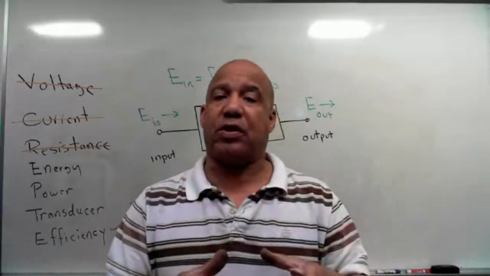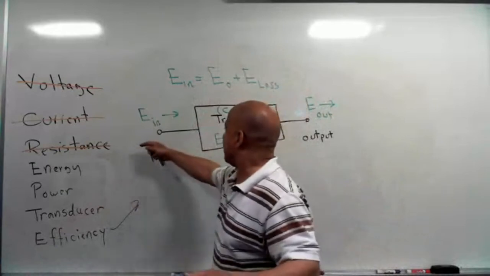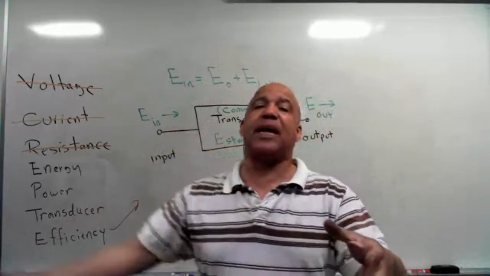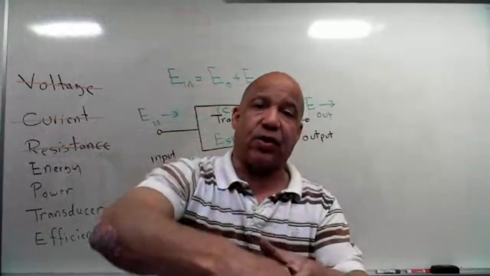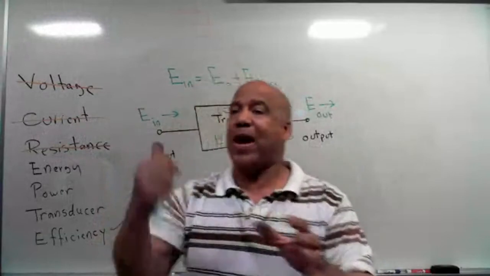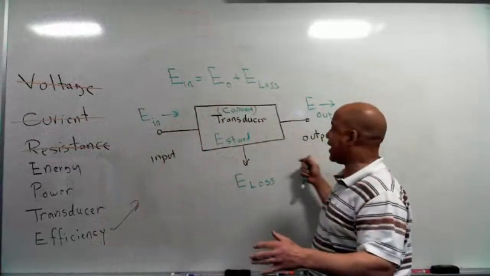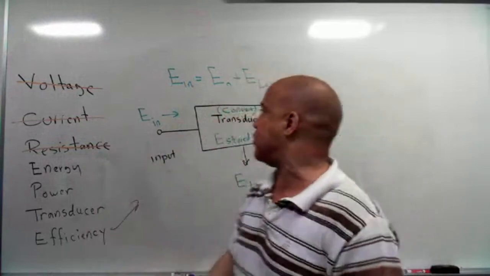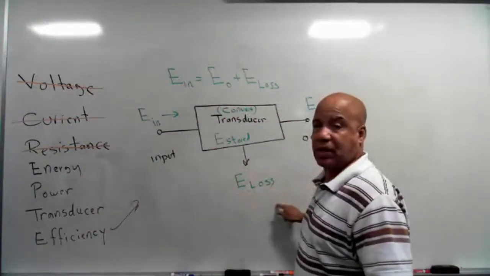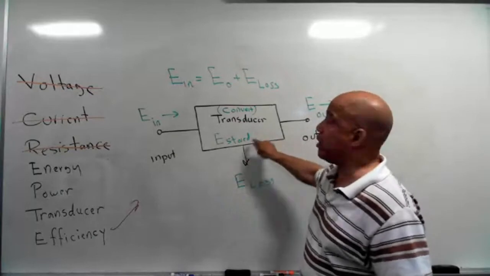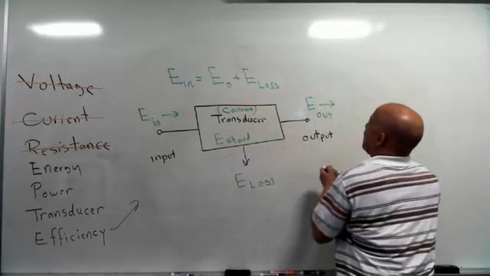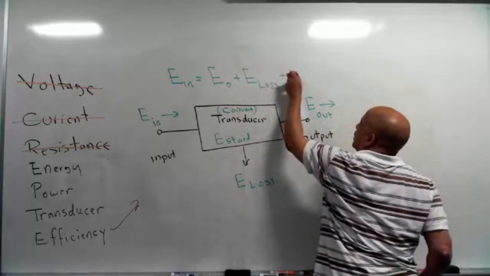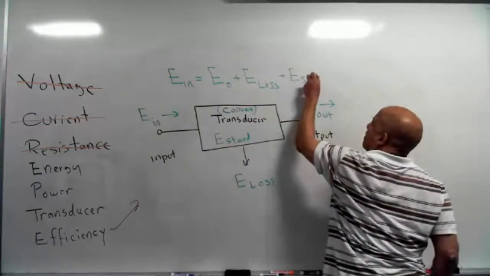So if you have a transducer that has a capacitor in it, when the electrical energy flows in, some of that energy goes into the capacitor and is held there, and the rest goes out to the output. So that's stored energy. You'll always have energy loss, and sometimes you're going to have energy stored. So I have to add that other term to this equation, E stored.